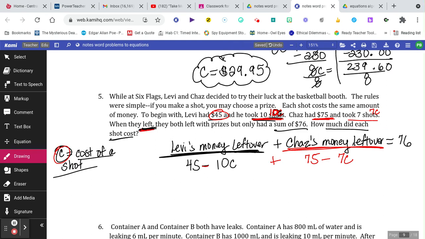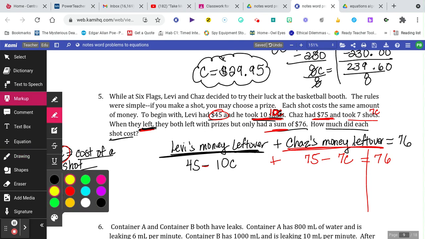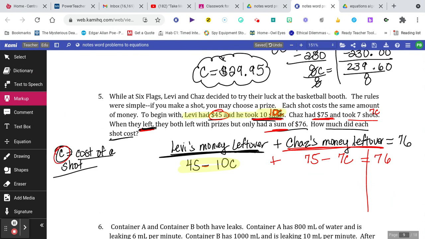But the sum of their leftover money is equal to 76. Okay? So this part in black, I'm going to highlight it, guys. This part represents Levi's $45 he had minus the 10C, the cost of each shot.